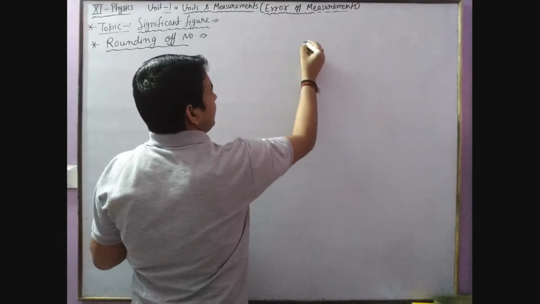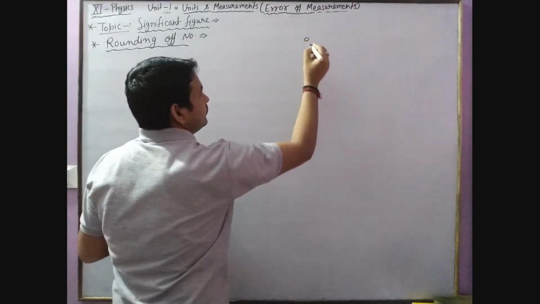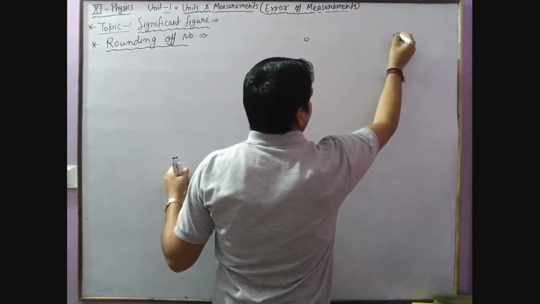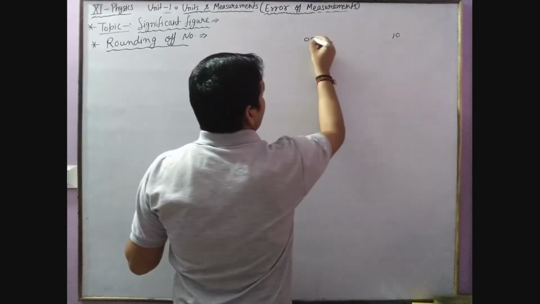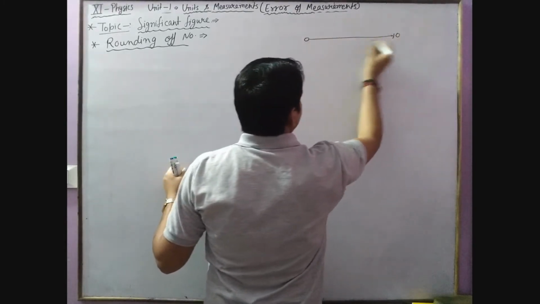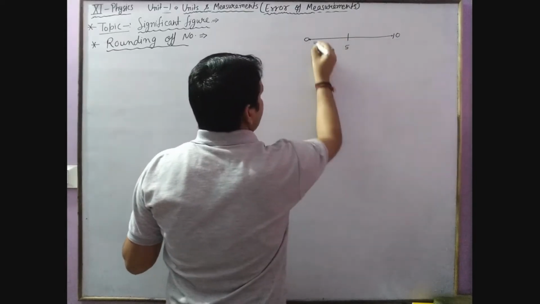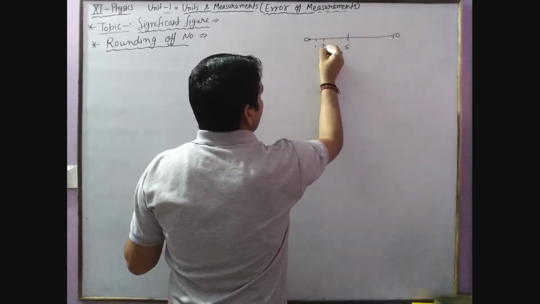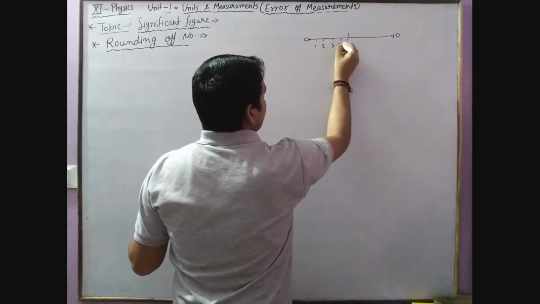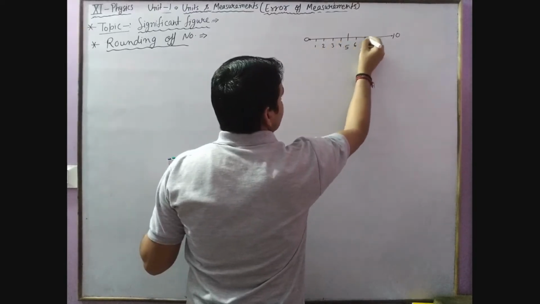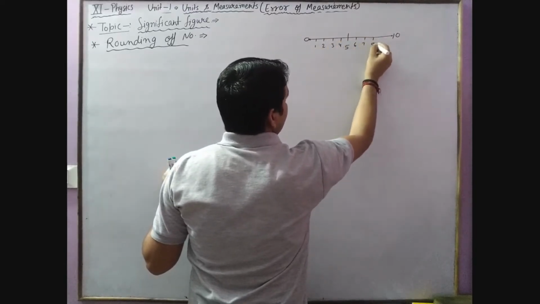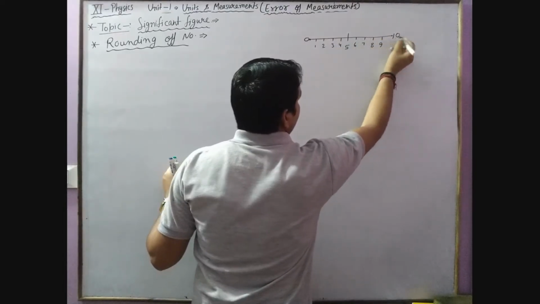As you know, if we are moving from 0 to 10 on the number line, and in between is 5, here is 1, 2, 3, 4, 6, 7, 8, 9 and the last value is 10.